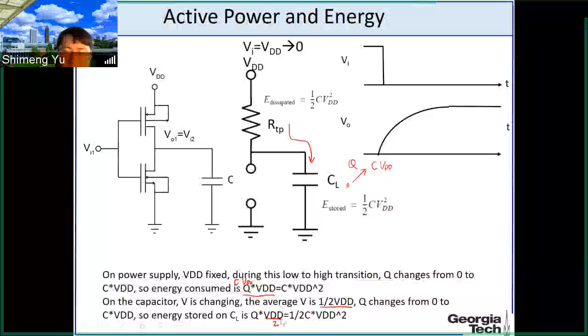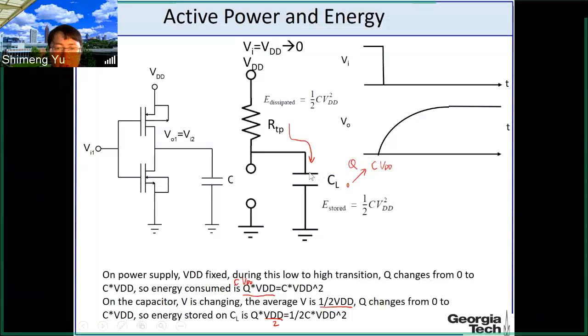Here the difference is that the voltage on the cap is changing, so on average it's half V. That's why you have a half in front. So eventually, half of the C VDD squared is stored in this capacitor, because the charges are maintained on the capacitor and store some energy.